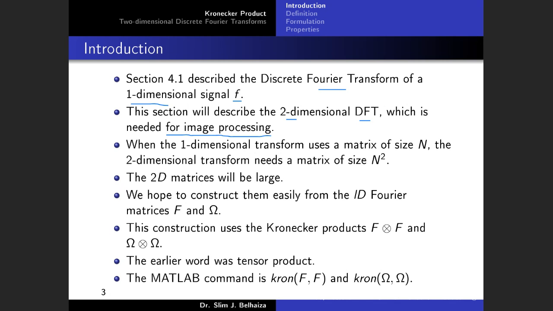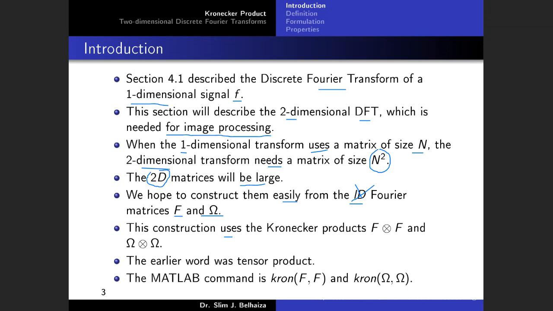So when the one-dimensional transform uses a matrix of size n, the two-dimensional transform needs a matrix of size n squared. And the 2D matrices generated here will be large. So what we are aiming to do is to construct them easily from the Fourier matrices F and omega. In fact, this construction uses what we call the Kronecker product.